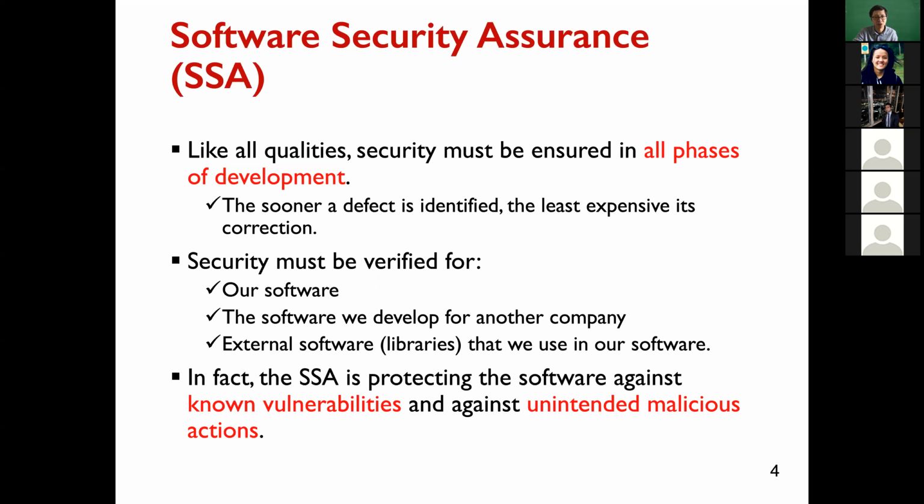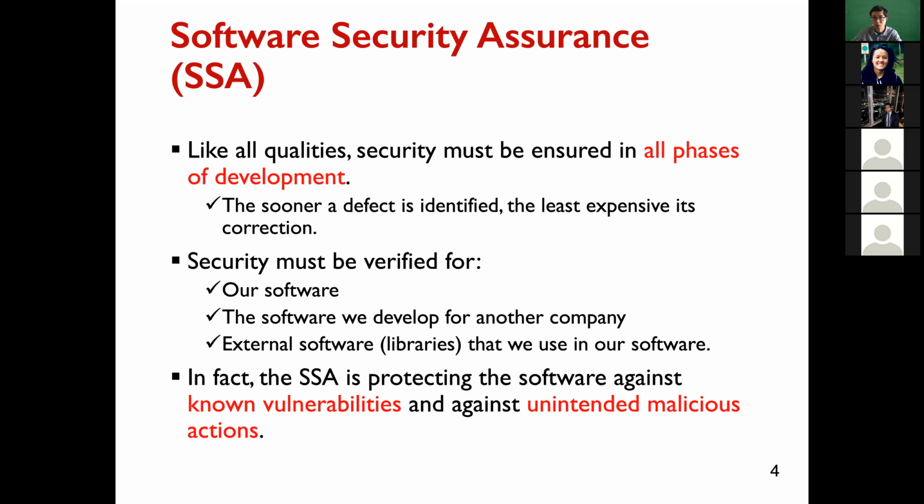Like other software qualities, security must be ensured in all phases of software development, such as software design, software development, and software testing. In fact, SSA is protecting the software against known vulnerabilities and against unintended and malicious actions.